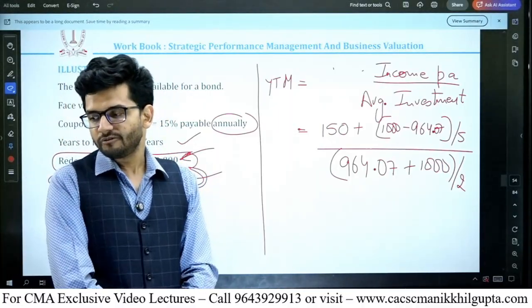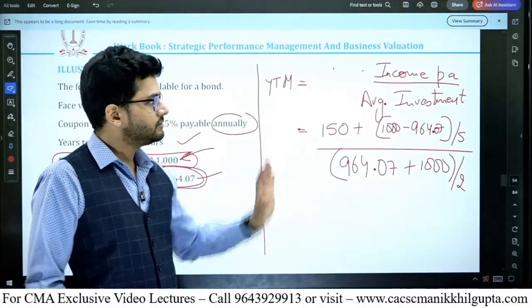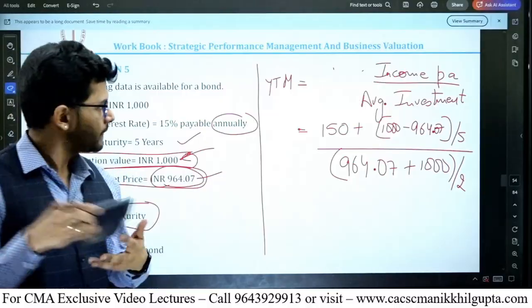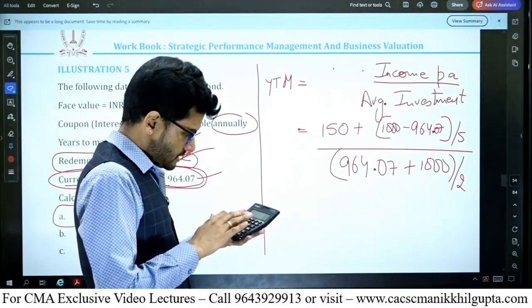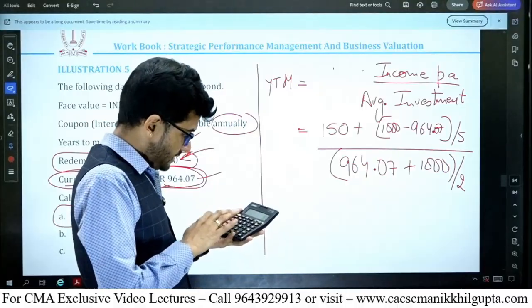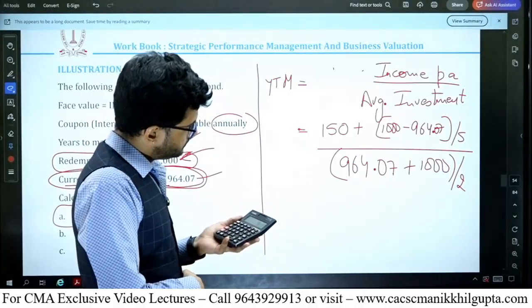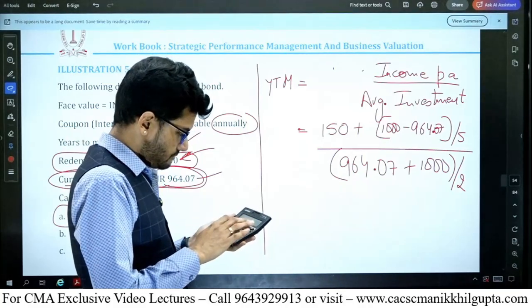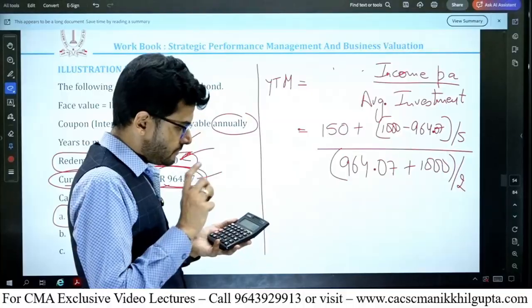That's how we take the average, and this is how we are going to calculate the YTM. Let's calculate. 1000 minus 964.07, not plus, divided by 5.